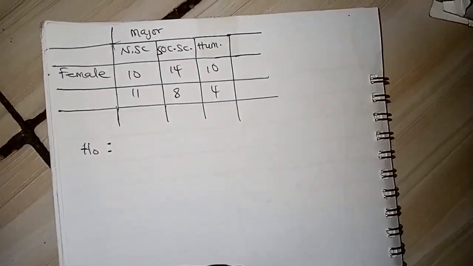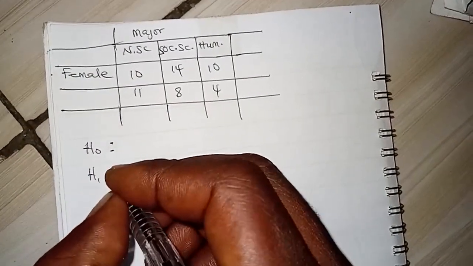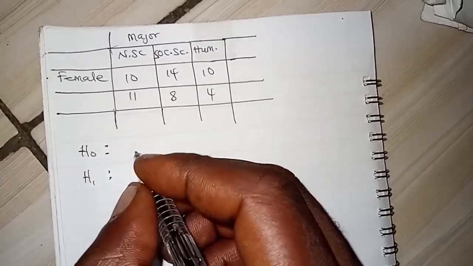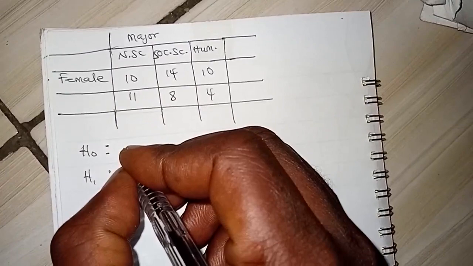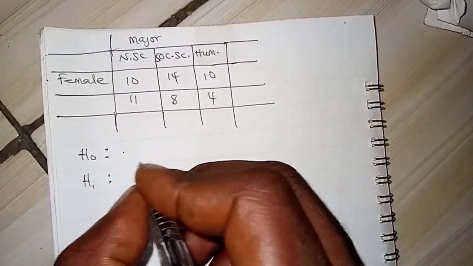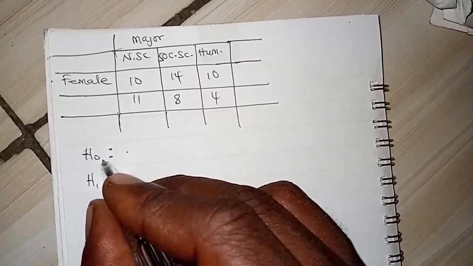We have 2 types of hypothesis: the null hypothesis and the alternative hypothesis. The null, H0, says there is no difference, which means this will say that there is a relationship between gender and major. I mean, there's a relationship means they are the same, they are related, they are close. That's what the null hypothesis normally says.